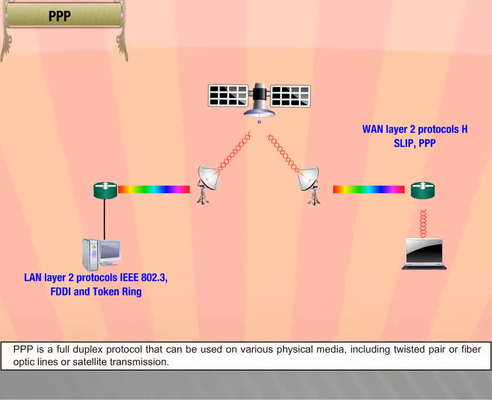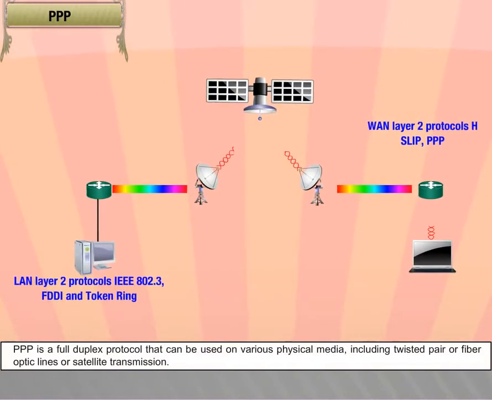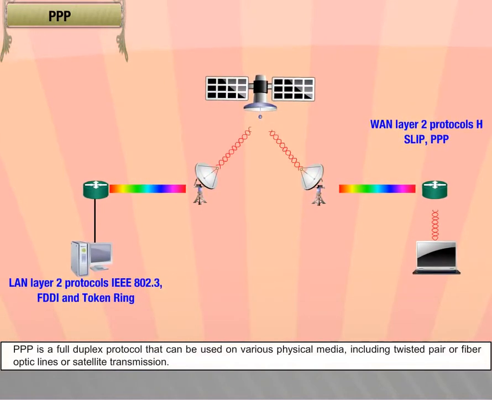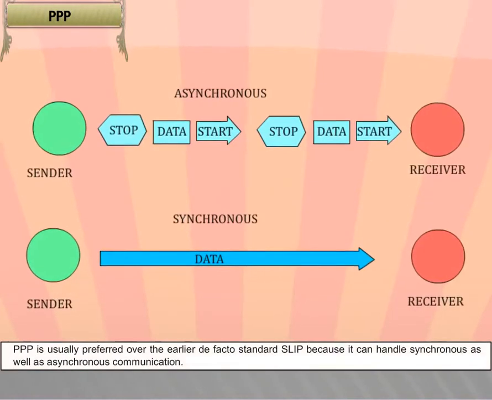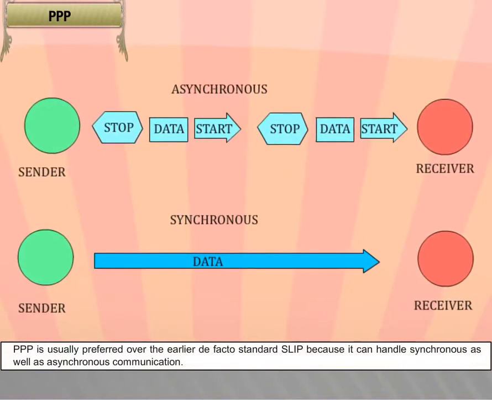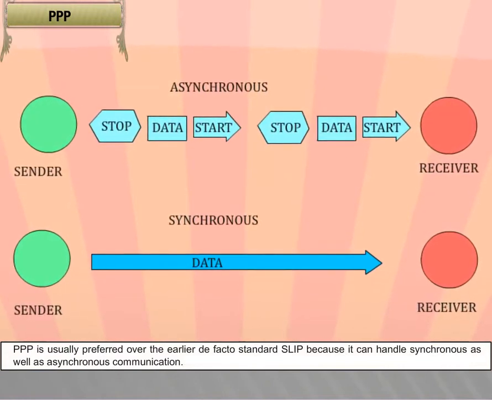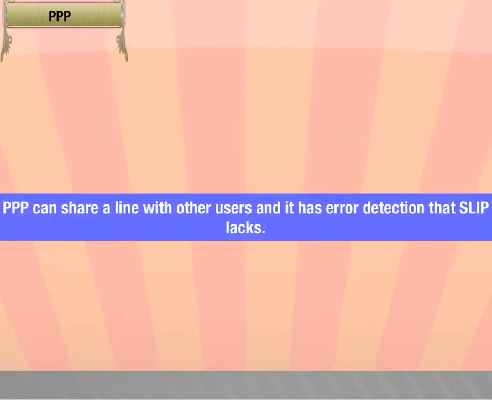PPP is a full duplex protocol that can be used on various physical media including twisted pair or fiber optic lines or satellite transmission. PPP is usually preferred over the earlier de facto standard SLIP because it can handle synchronous as well as asynchronous communication. PPP can share a line with other users and it has error detection that SLIP lacks.